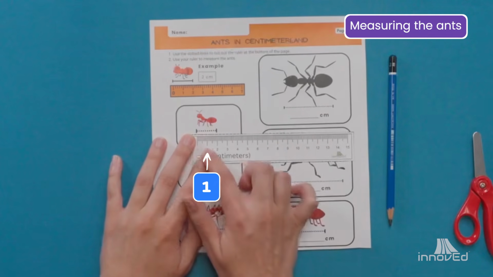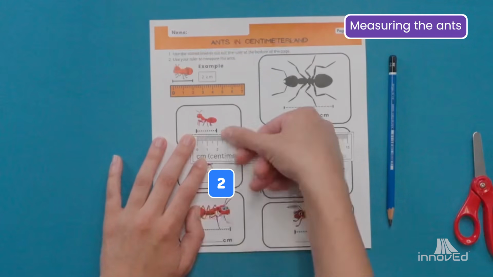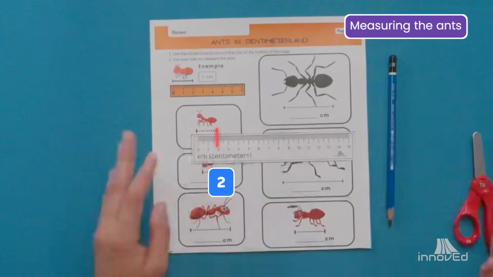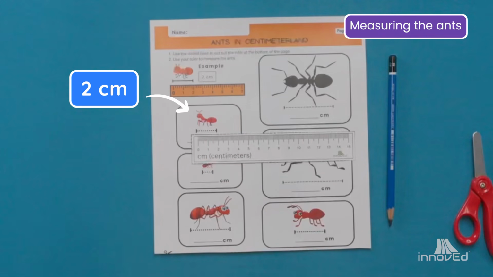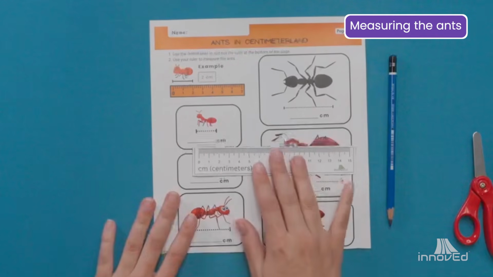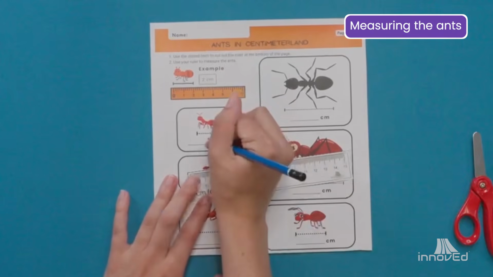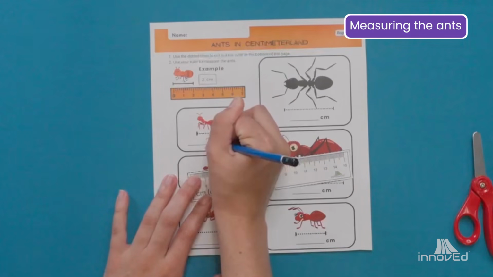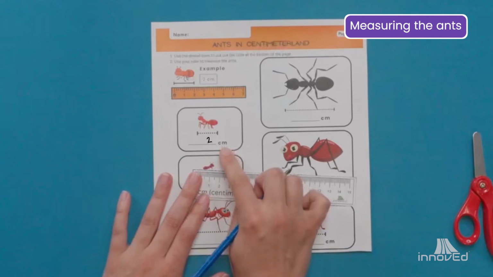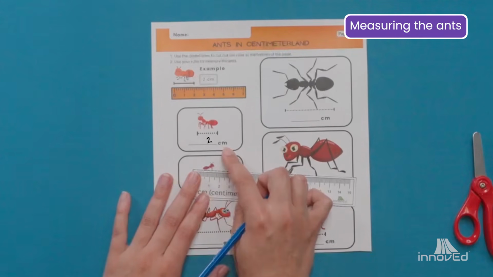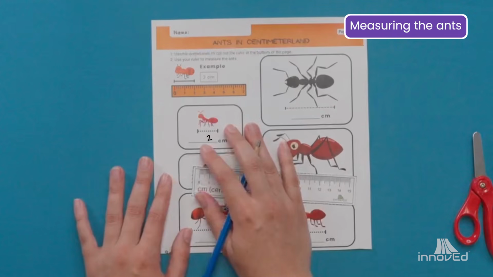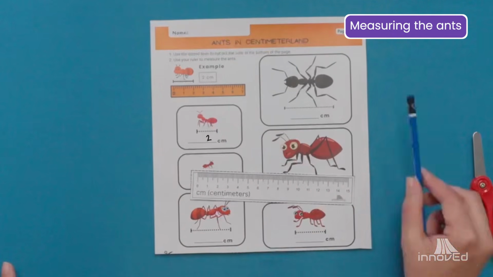Well, we have 1 centimeter and 2 centimeters. This ant is 2 centimeters too. All right, we're gonna write that right underneath the ant on this line here. So we're gonna write the number 2, and there's already the letters CM. Okay, so this ant is 2 centimeters long.